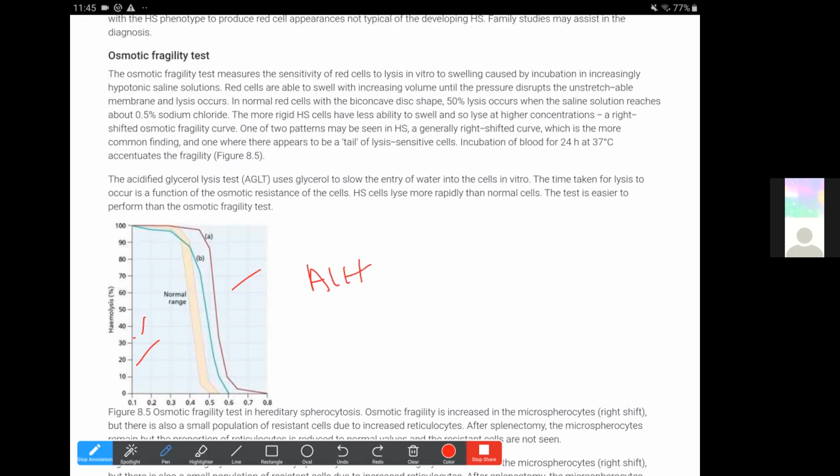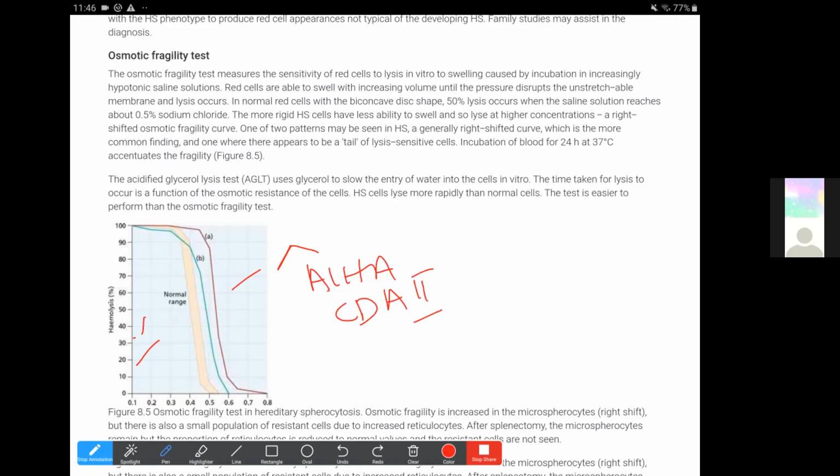So this is one thing that we mentioned, that in other defects, apart from the membranopathies, we also have autoimmune hemolytic anemia and CDA type 2, which can cause an increase in osmotic fragility with a shift to the right.